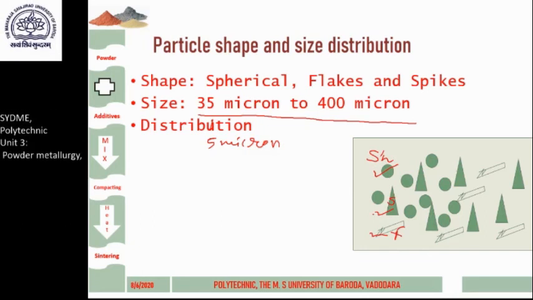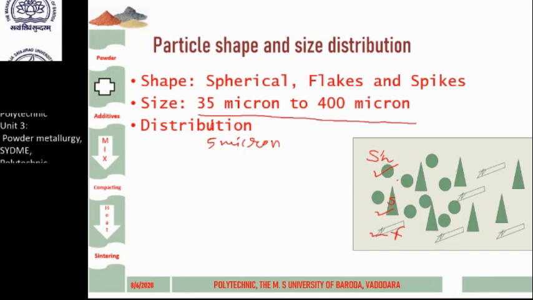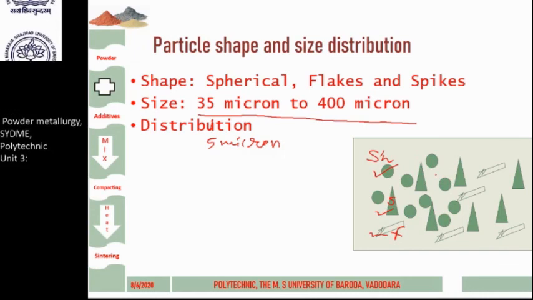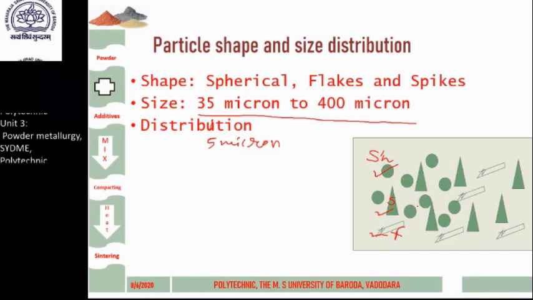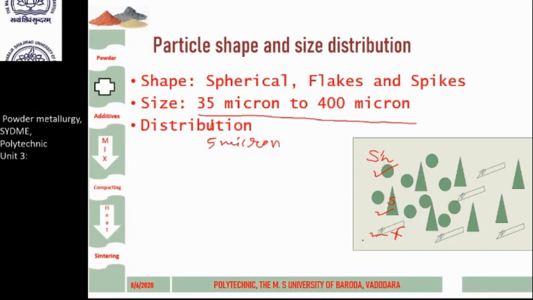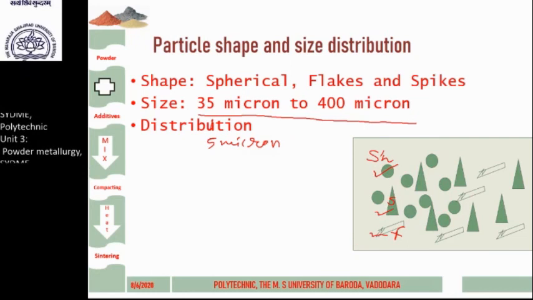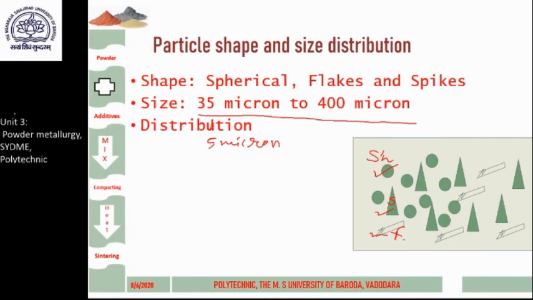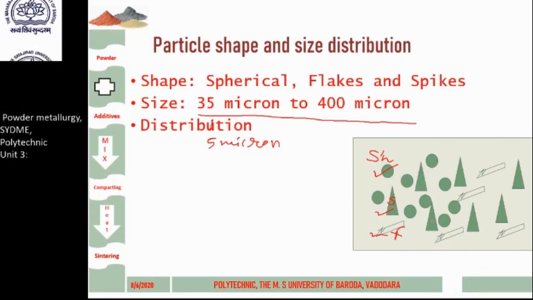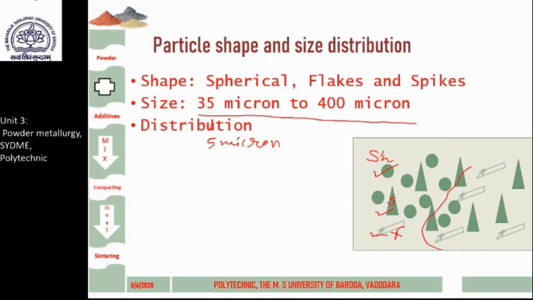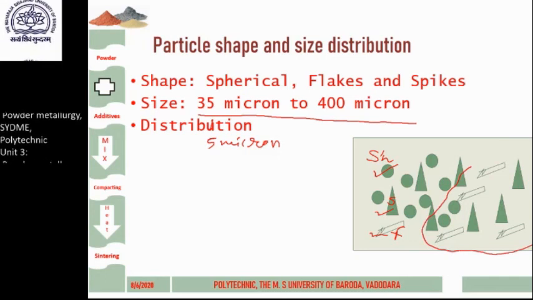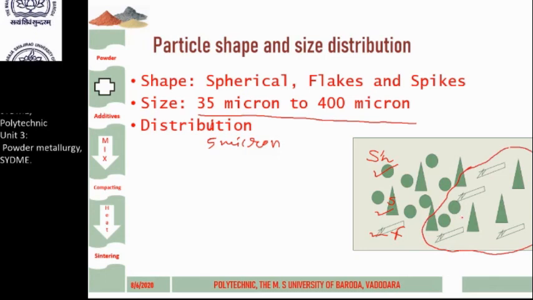If you see this region, you have a very good even distribution of spherical and spike type particles, but an uneven distribution for flake type particles. Again, if you go in this area, you have a very good distribution of spike and flake, but spheres are missing.